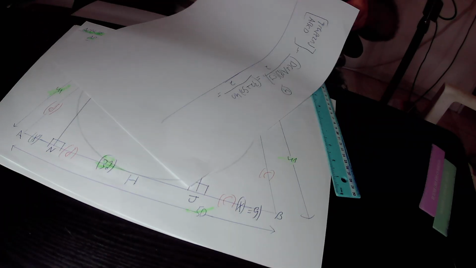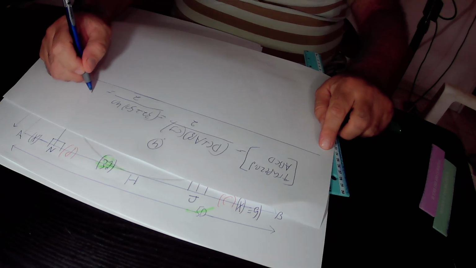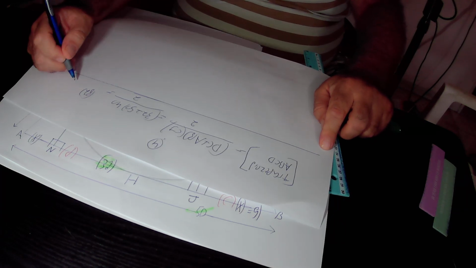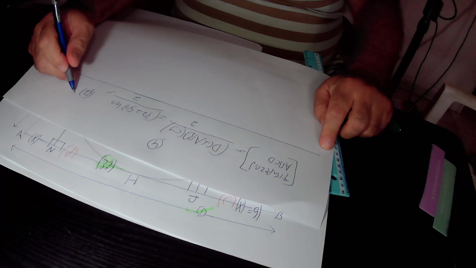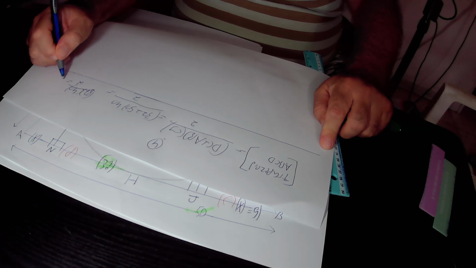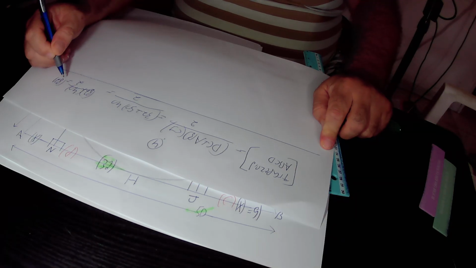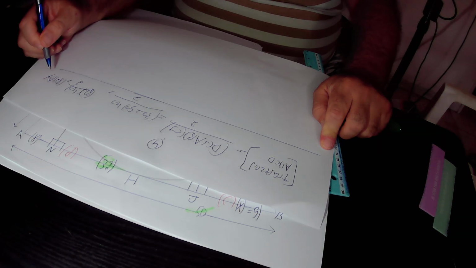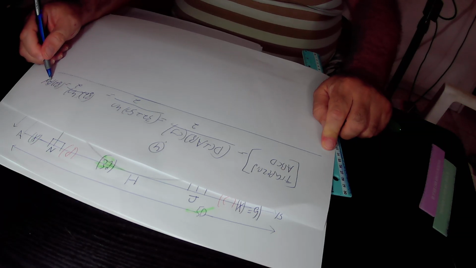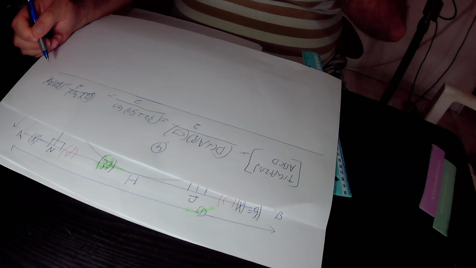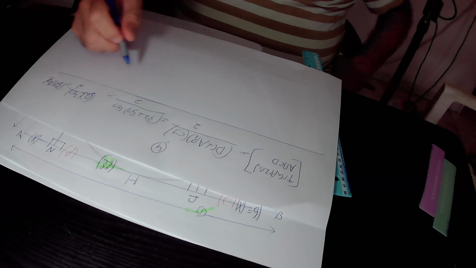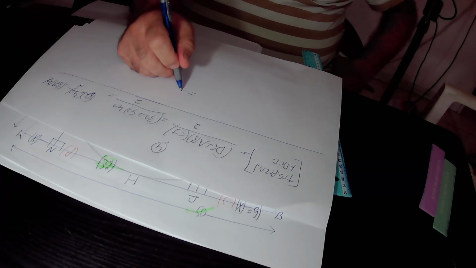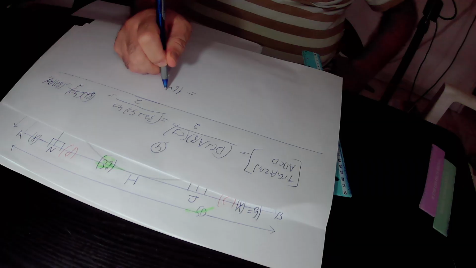So this is 82 times 40 over 2. 40 over 2 is 20. So the area of trapezoid ABCD equals 82 times 20. 82 times 20 is 1640 square units.